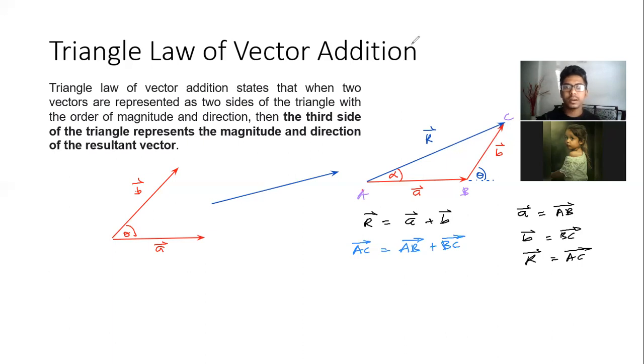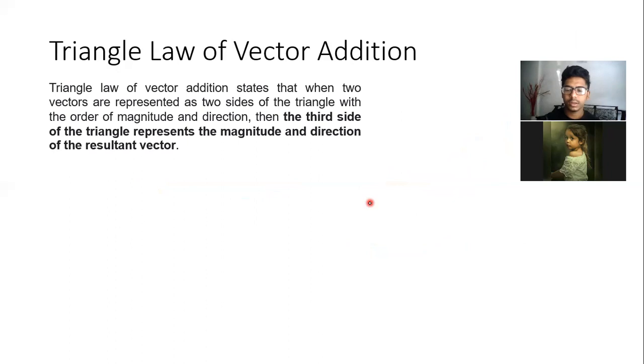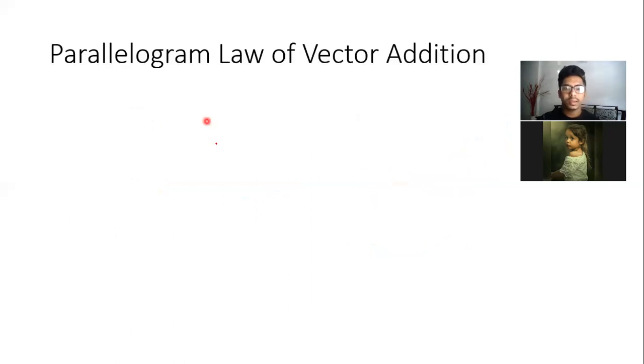And next, let's talk about the parallelogram law of vector addition. I hope you have finished writing this, so I'm going to clear it. Second, we have the parallelogram law of vector addition.